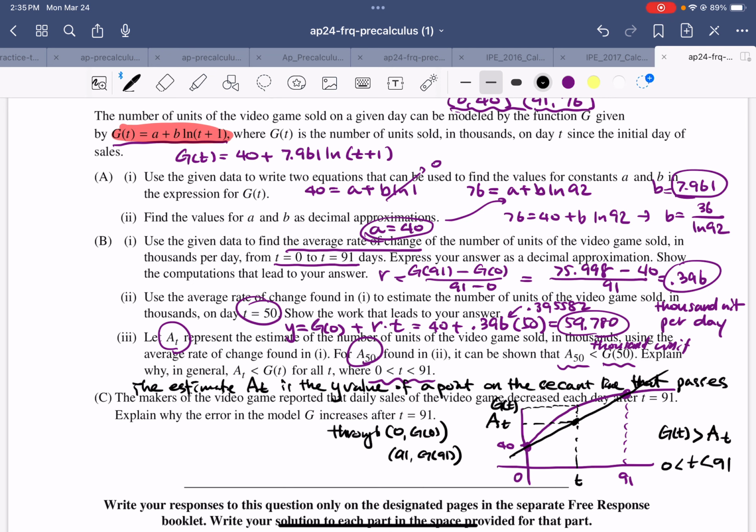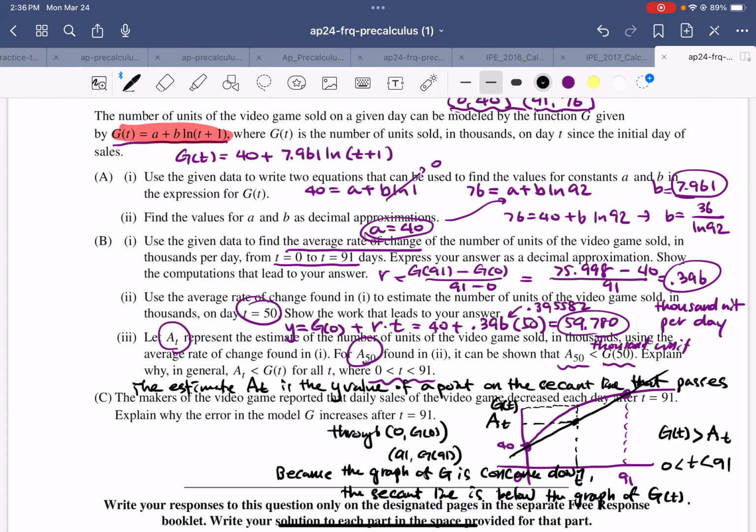Then you can say that because the graph of g is concave down, as you see, the secant line, the approximation, is below the graph of g of t. So I show the graph like that. That will be the justification.